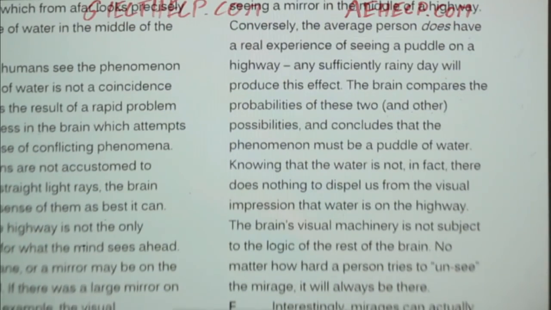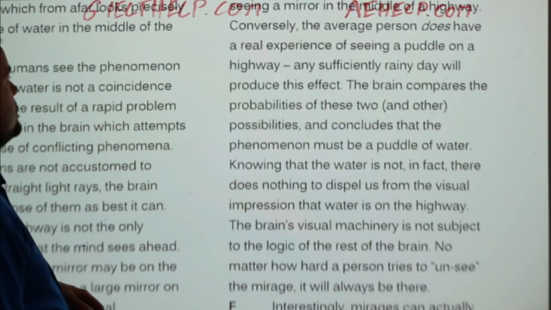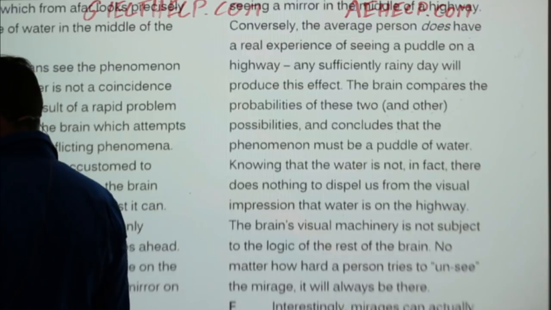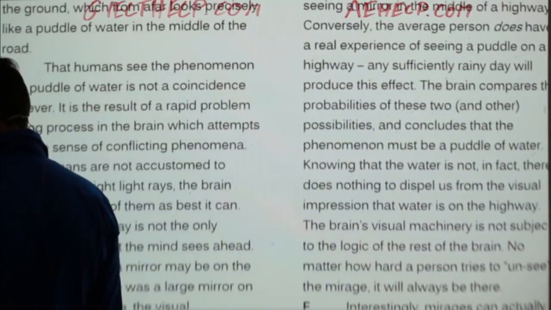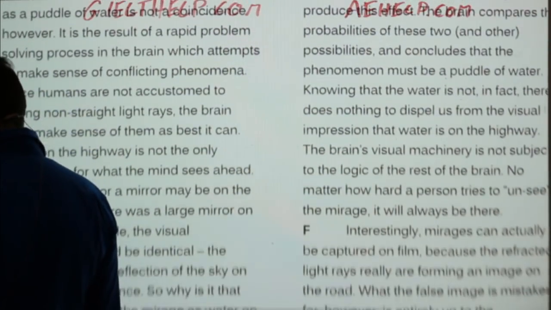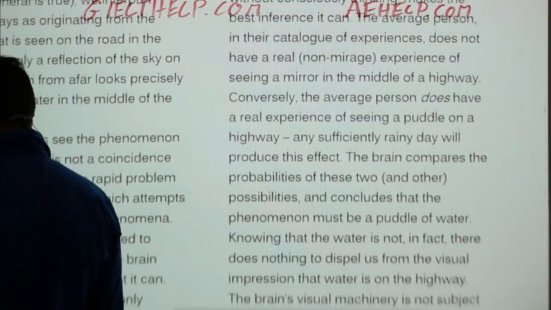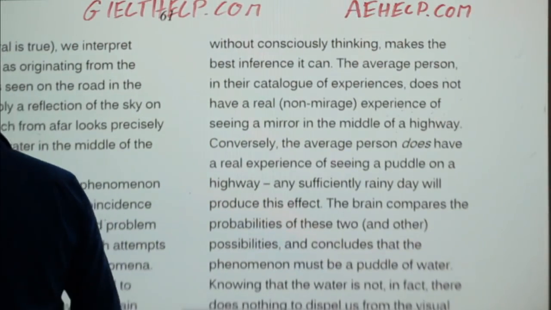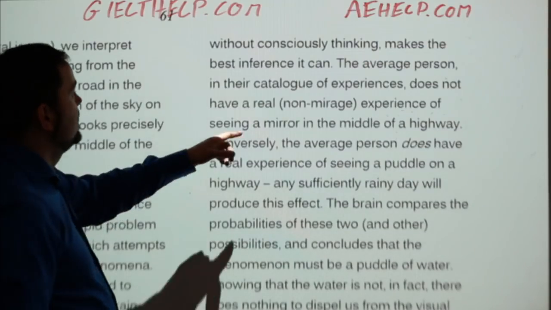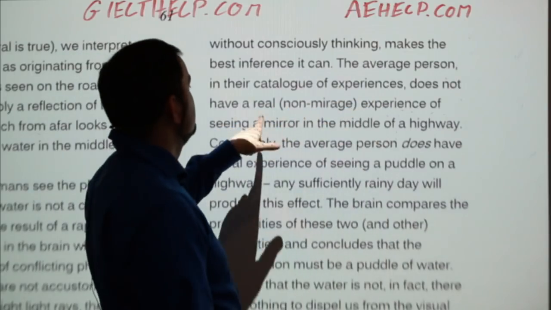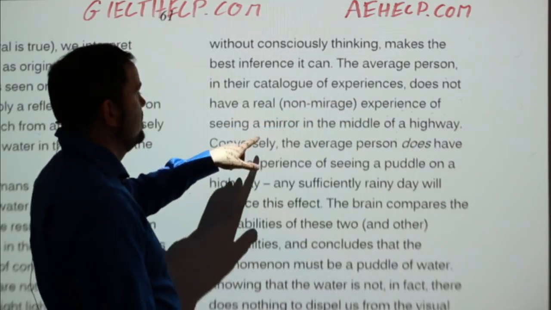So that's your answer there. I'm just looking to see if I can find that specifically in the paragraph. Okay. So here it says the average person in their catalog of experiences does not have a real experience of seeing a mirror in the mind.